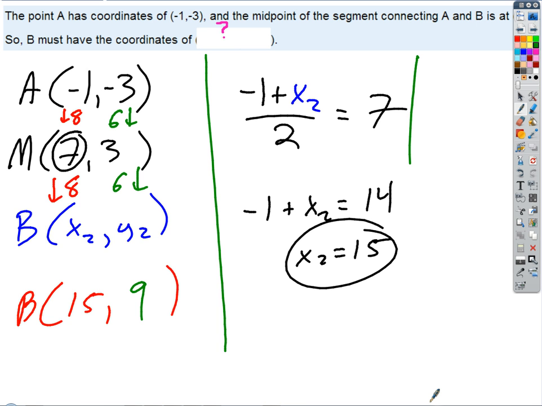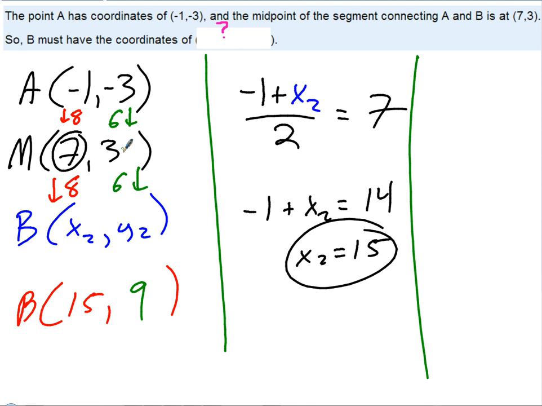So let's see. To get the y-coordinate of the other endpoint, I know that 3, +3, has to be the average value of -3 and y2. So the same process, right? I could say -3 plus y2 over 2.